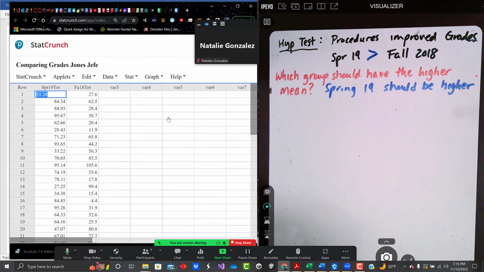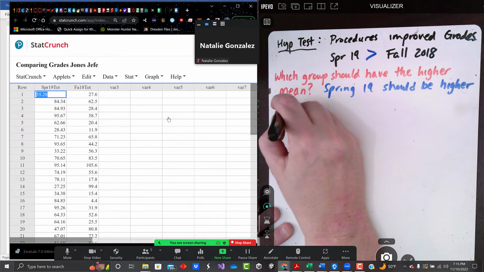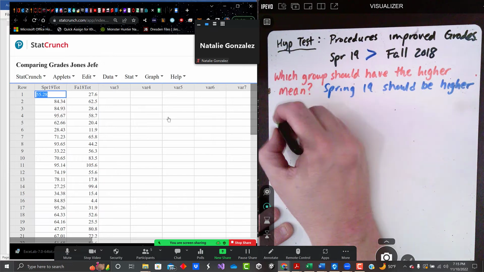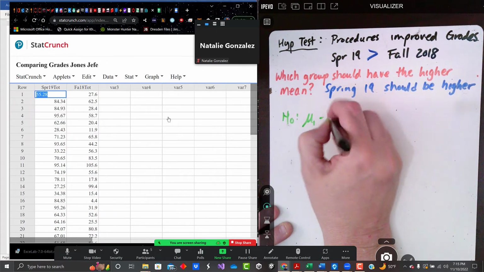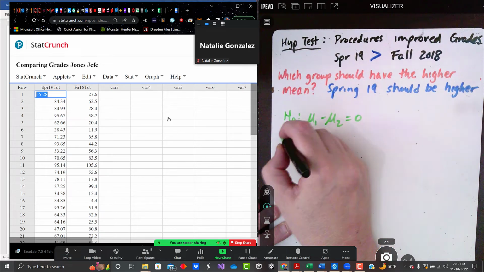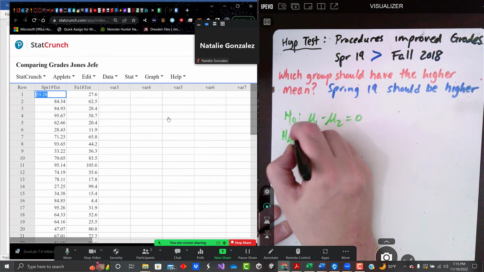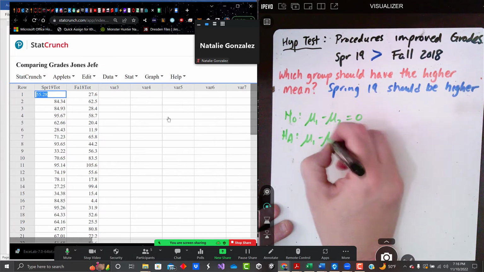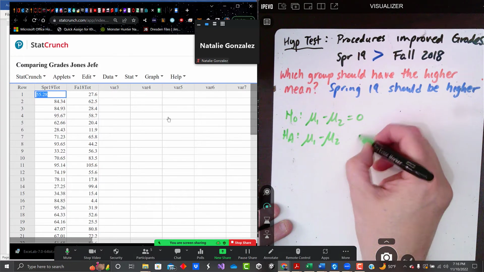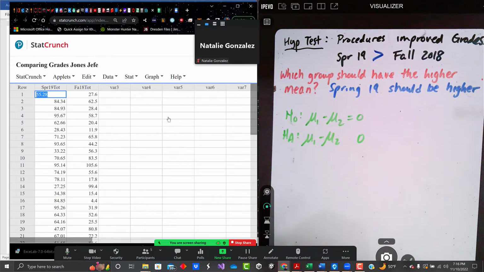So H naught wants a mu1 minus mu2, and HA is going to be mu1 minus mu2. And we just have to decide what symbol we're going to use. We should label our groups.